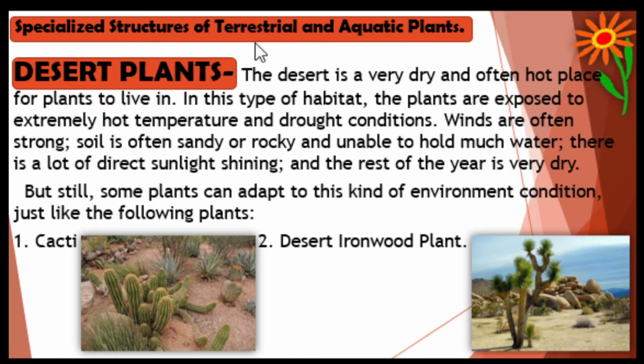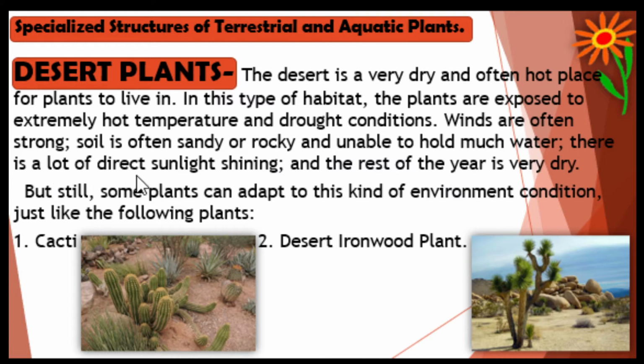Specialized structures of terrestrial and aquatic plants. Desert plants. The desert is a very dry and often hot place for plants to live in. In this type of habitat, the plants are exposed to extremely hot temperature and drought conditions. Winds are often strong, soil is often sandy or rocky and unable to hold much water.